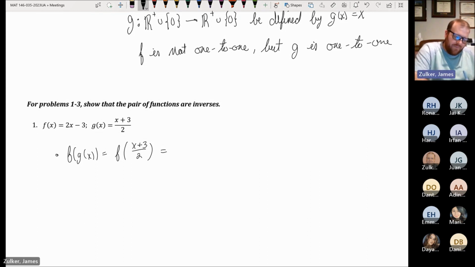Everywhere we see an x in f, we're replacing with x plus 3 over 2. Two over 2 is 1. So we're left with x plus 3 minus 3. 3 minus 3 is 0, which means we're left with x.